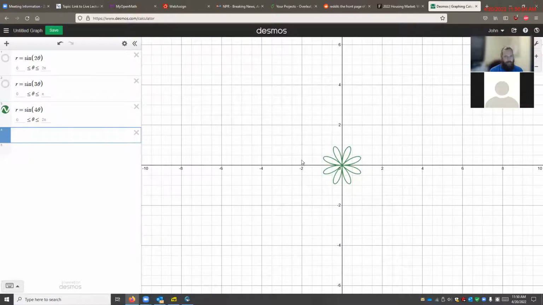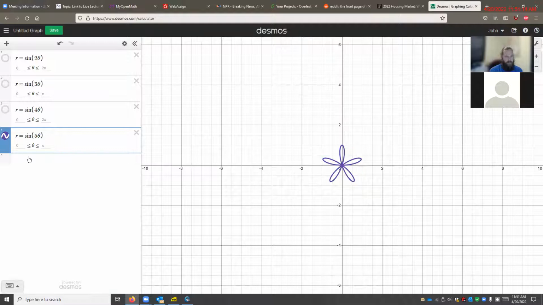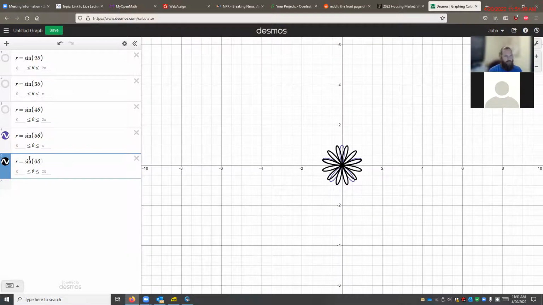Sine 4 theta has 8 petals. How many petals will sine of 5 theta have? Very good. Sine 5 theta will have 5 petals. And what about sine of 6 theta? Good. So what's the relationship?